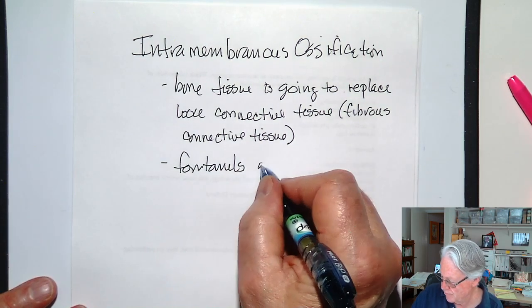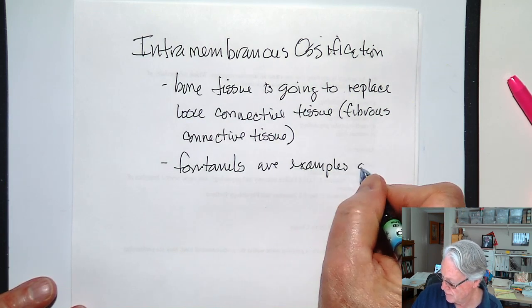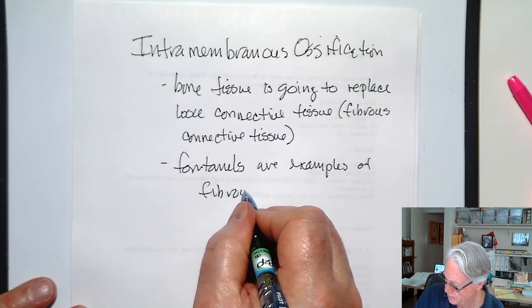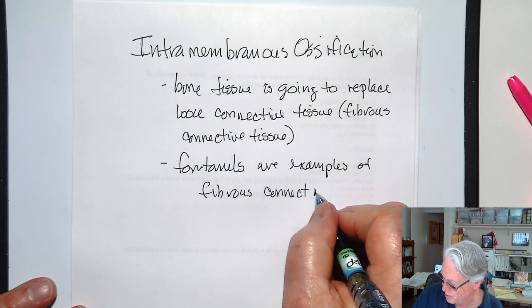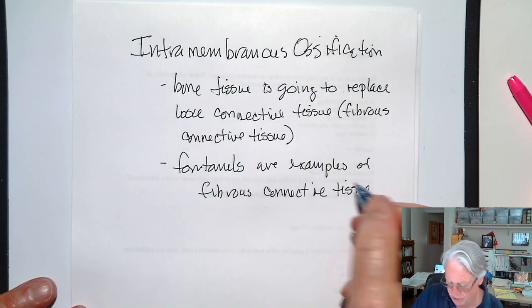Okay. Of that fibrous connective tissue, those spaces then are going to be replaced with bone tissue as the child grows. Okay.